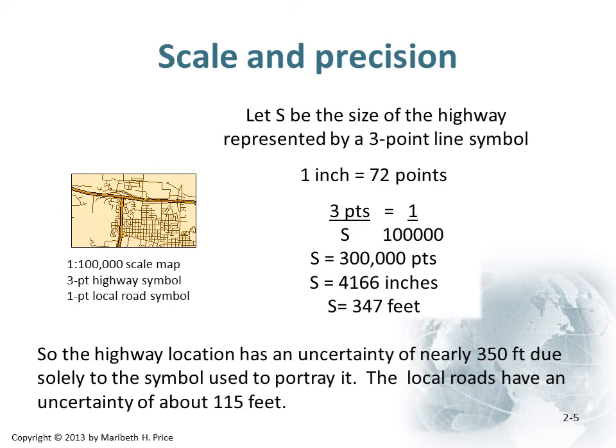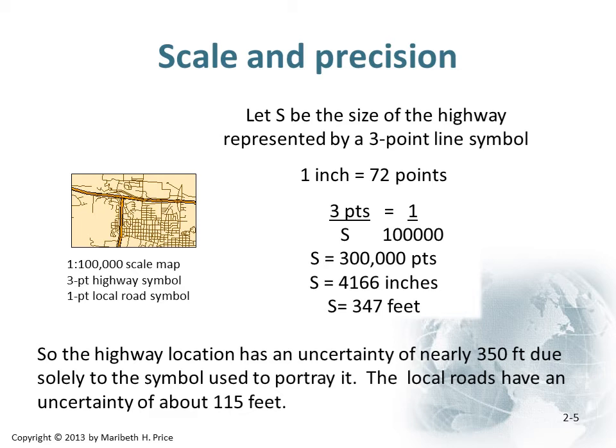The line's just thick. Once you build the wetland, or you're trying to delineate where the wetland stops and starts, even with a 3-point line at this scale, you're looking at a 350 feet wide area. That's not super accurate. So you've got to think about these things.